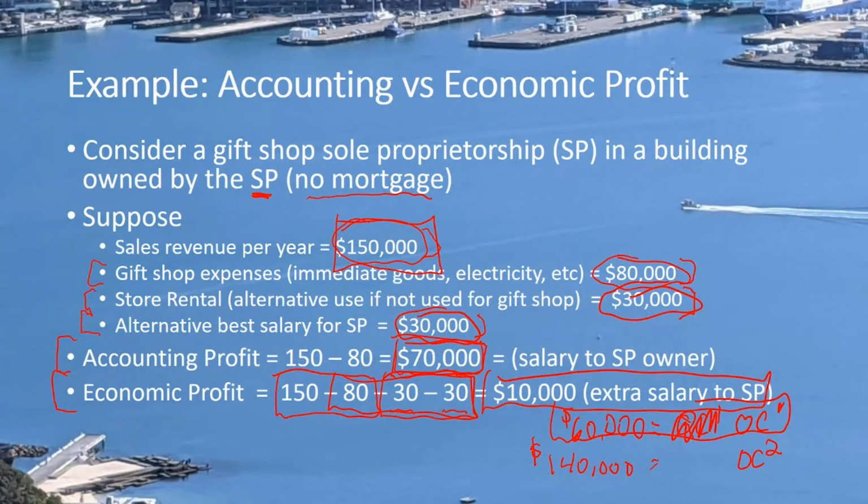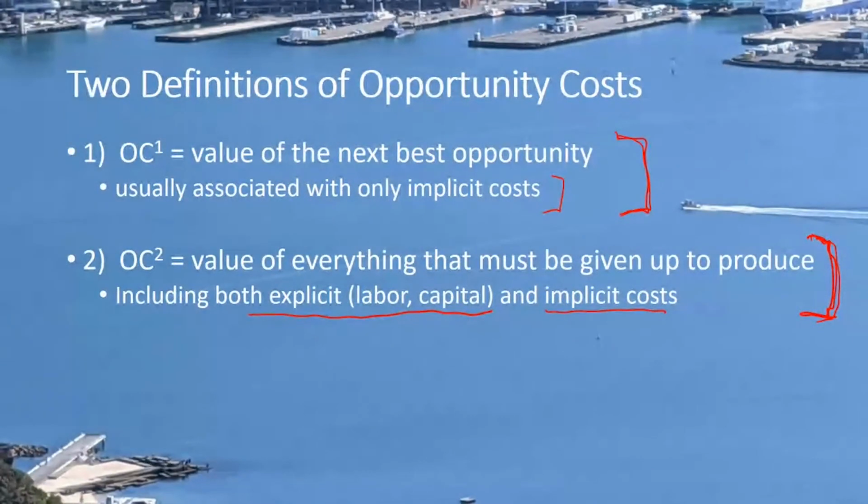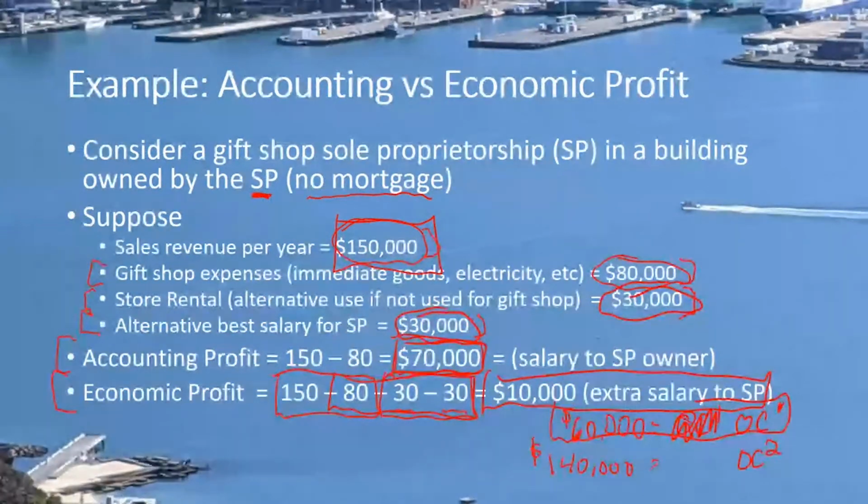I calculated OC2 by adding in both, going back one slide, both the explicit costs, labor, capital, intermediate goods, and the implicit cost together. So the explicit costs are what you're measuring in the accounting profit. That's the $80,000. The implicit costs are these here, $30,000 for the rental and the $30,000 income.